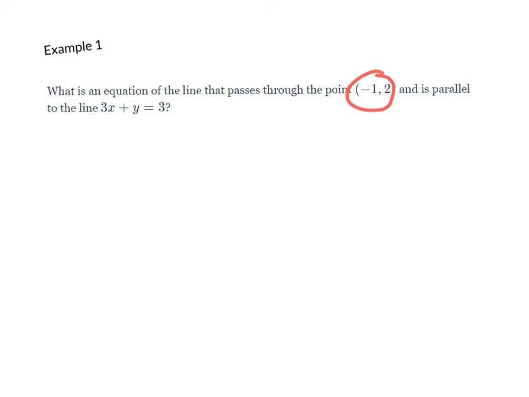Now, we are given an equation, but notice this equation is in standard form. I've also taught you how to find the slope in standard form by using negative b over a, but one thing we also need to be comfortable with is taking this standard form equation, 3x plus y equals 3, and converting it to slope-intercept.